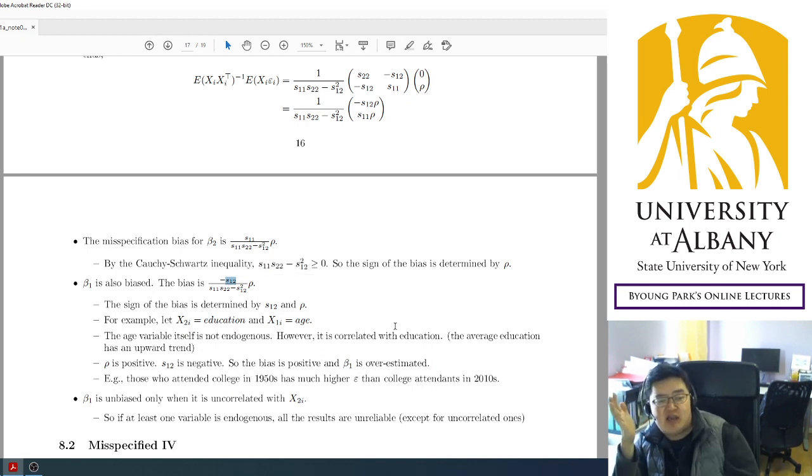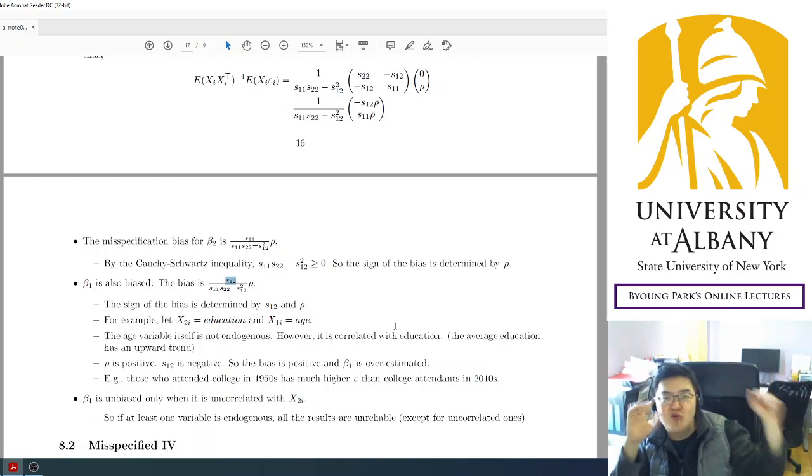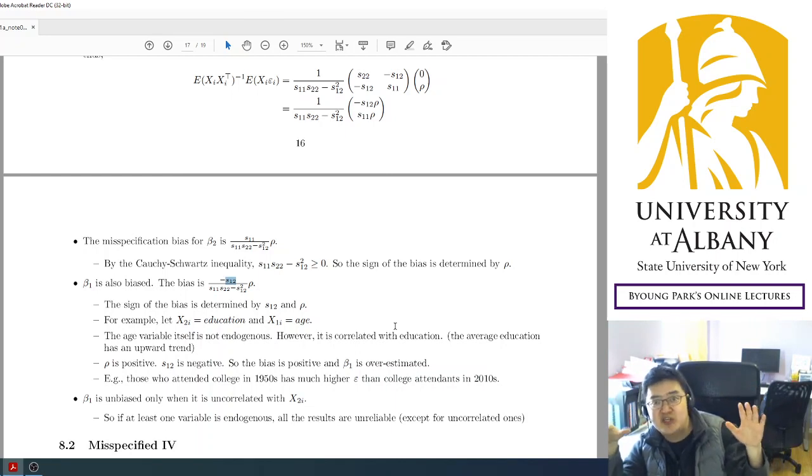Then I would say it is negative because, for example, compare your generation and your parents' generation. Like 20 years ago, the college entrance rate was much lower. So in that sense, older people have on average lower education.